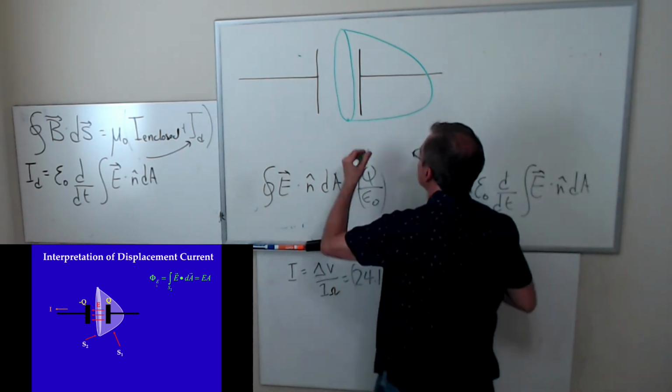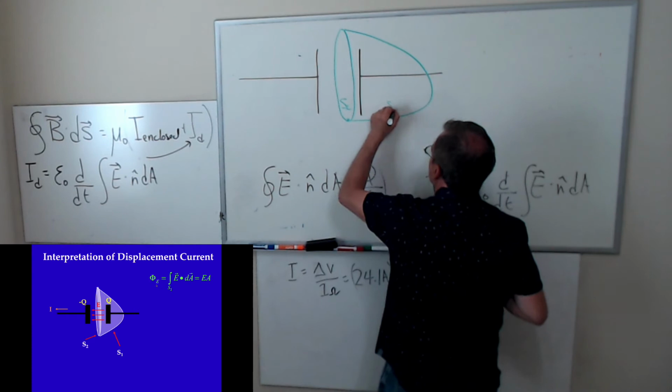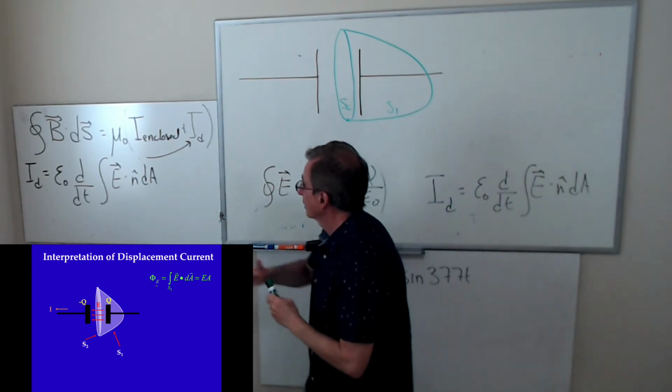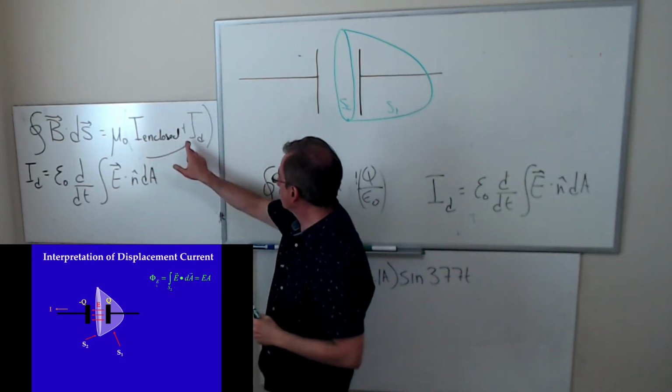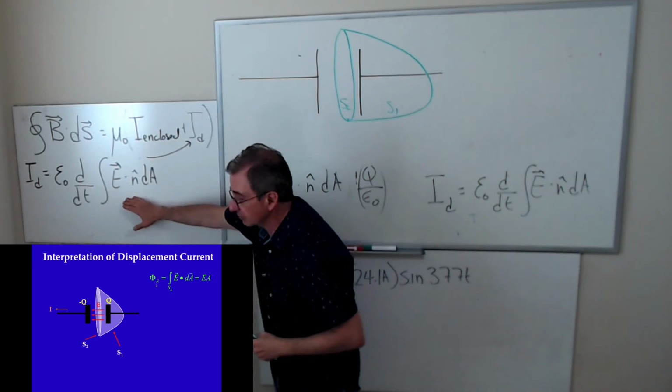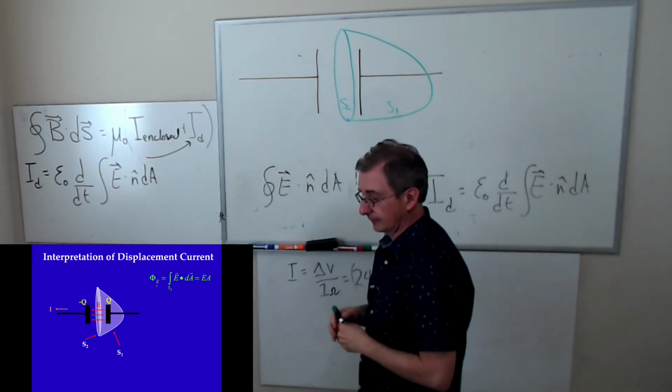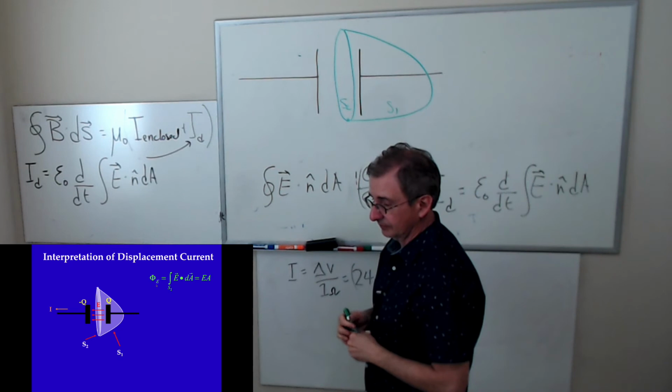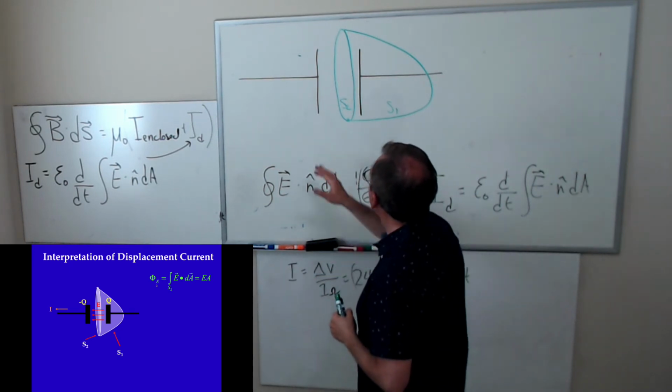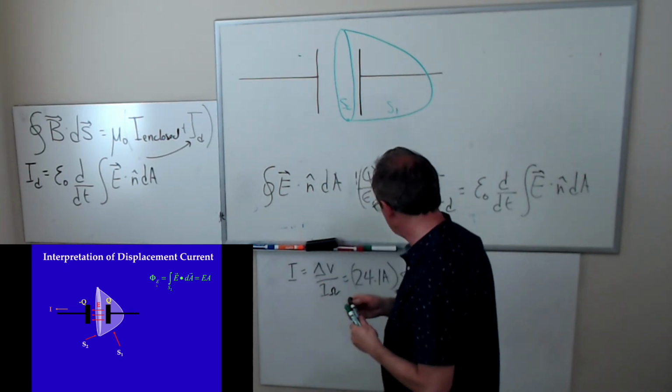In S2, this part is 0, but this part is not. So I want to calculate this integral for this surface. Now, what do you know about the field between two plates?